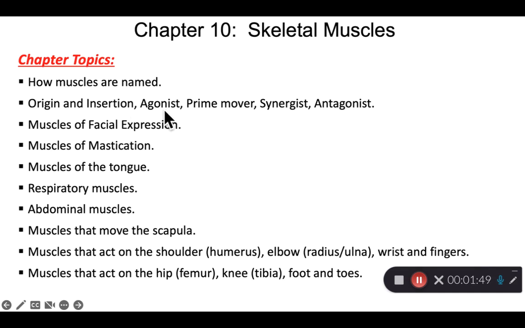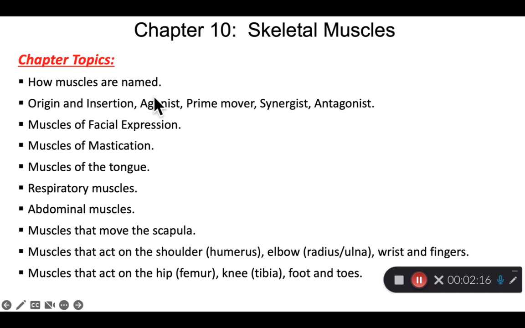We're going to learn what an agonist is. That's basically the muscle performing the action that we're talking about. A muscle that's doing the opposite of the action is an antagonist. So agonist and antagonist do opposite things. Prime movers are the muscle that provides the most force for a given movement.